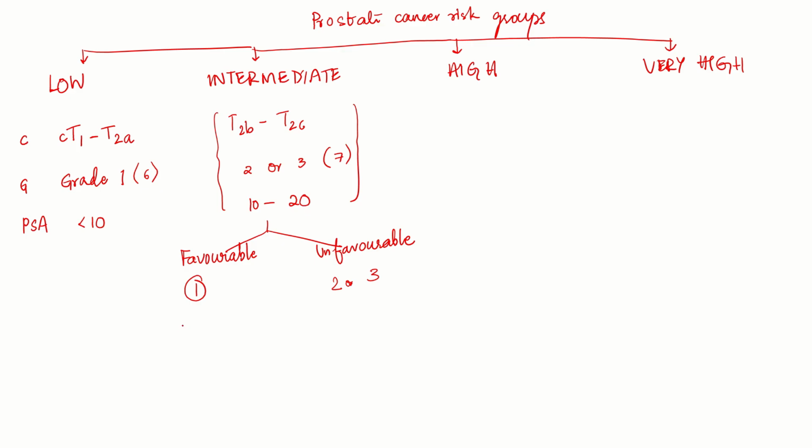And along with these risk factors, the group is group 1 or 2, and in unfavorable intermediate risk, it is grade group 3.